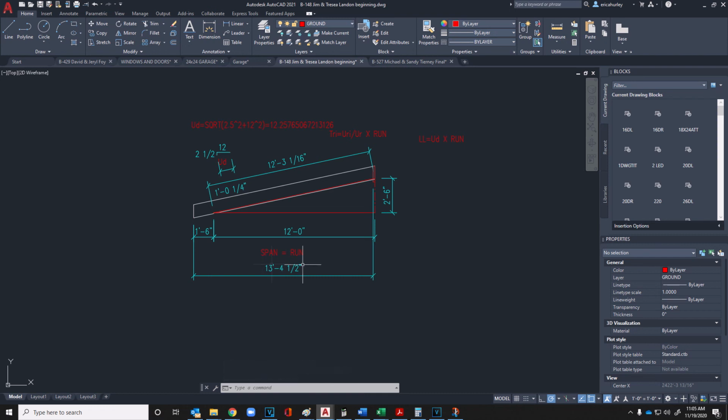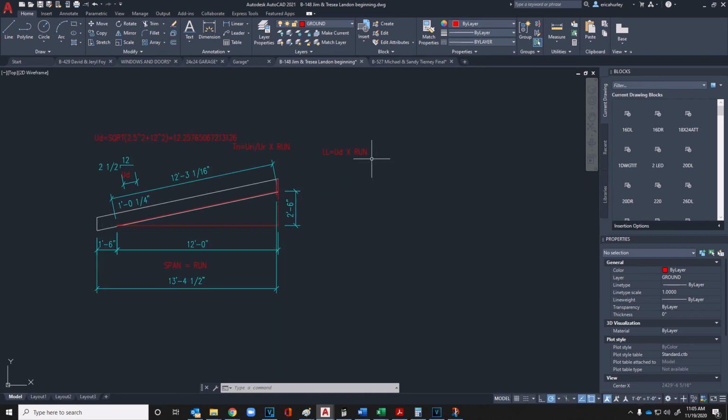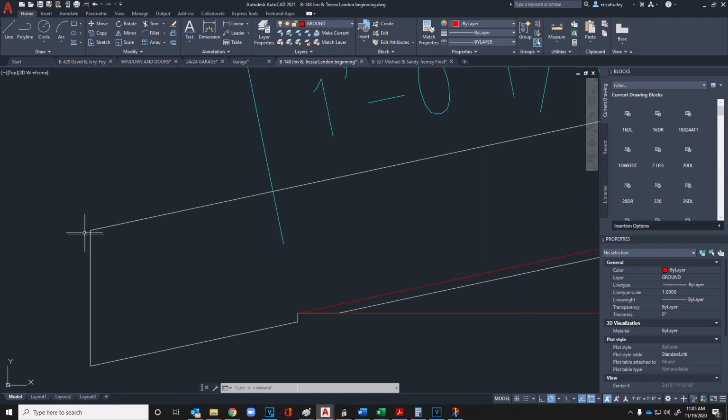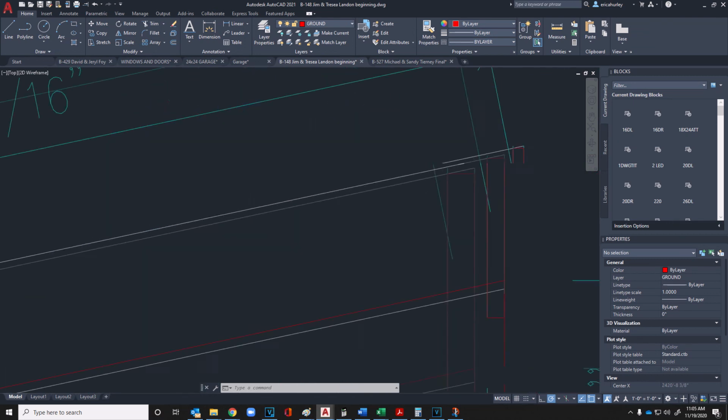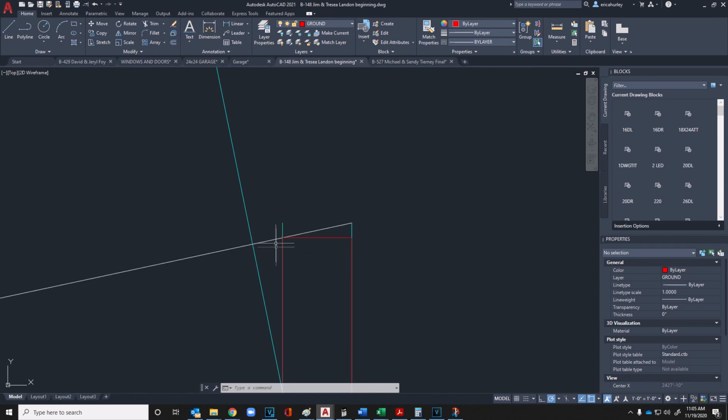All right, now we need to find out what our total piece of wood is going to cost, or how long our total is, and that's going to be from this point to this point.